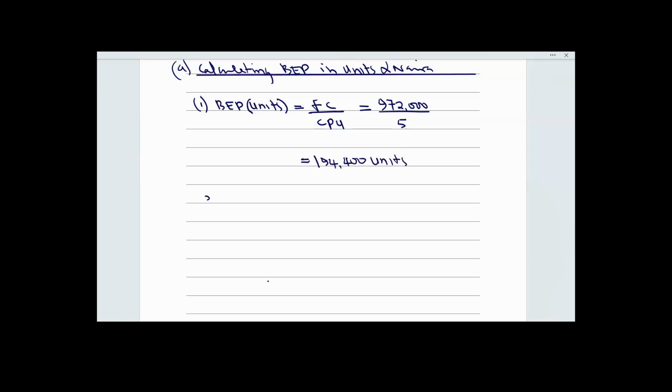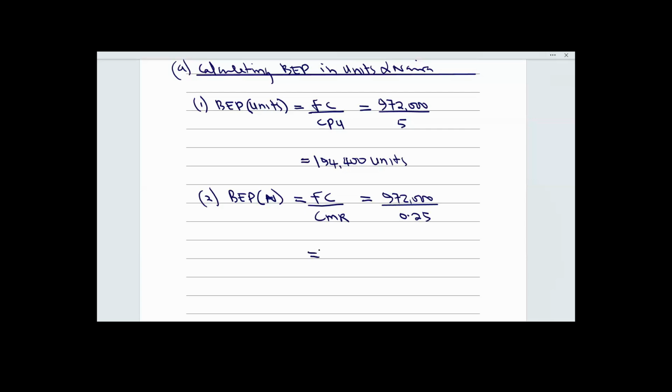Number 2, we are to calculate break-even points in naira. This is computed as fixed cost divided by contribution margin ratio. Fixed cost is 972,000 naira. We have calculated contribution margin ratio to be 25%.